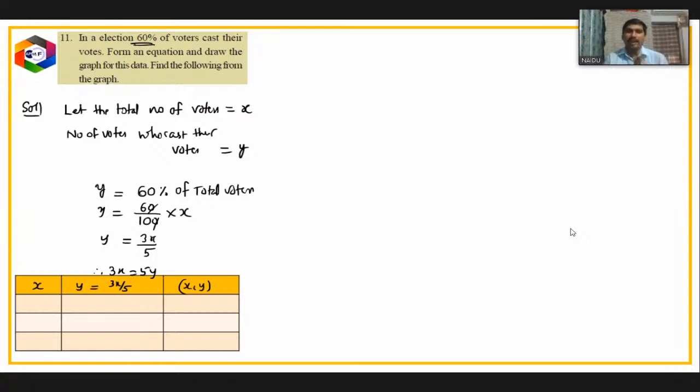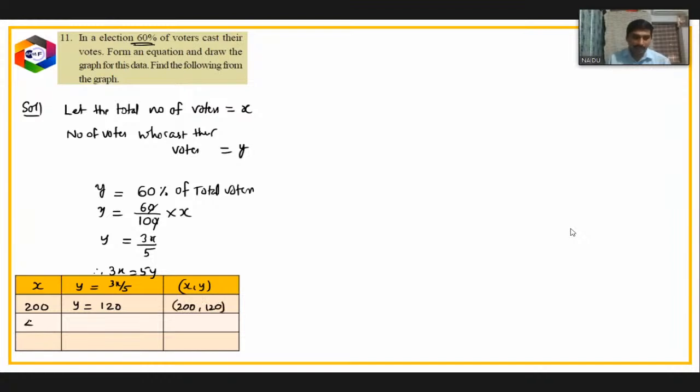The next questions are also asked about hundreds only. So for convenience, I am going to take x value 200, neither too small nor too large. Then y: 3 into 200 is 600, and 600 by 5 is 120. So the first point is 200 comma 120.